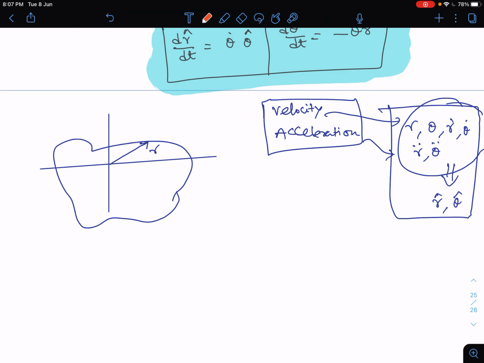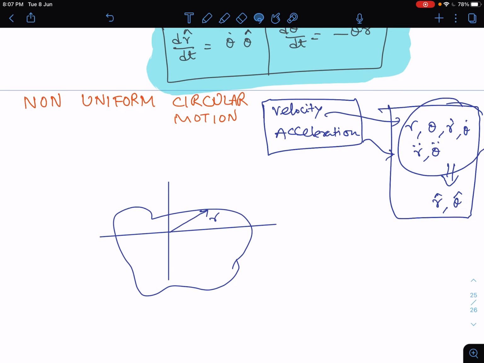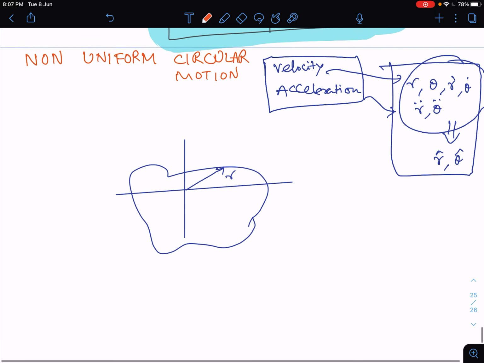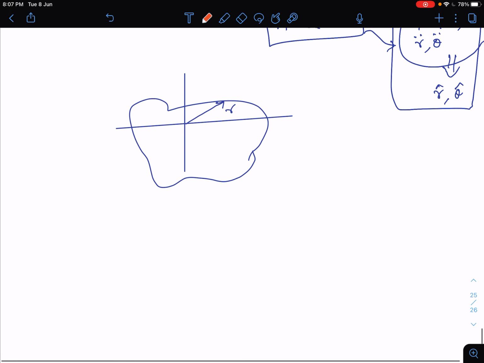So this is the case of non-uniform circular motion. Let's start with the r vector.